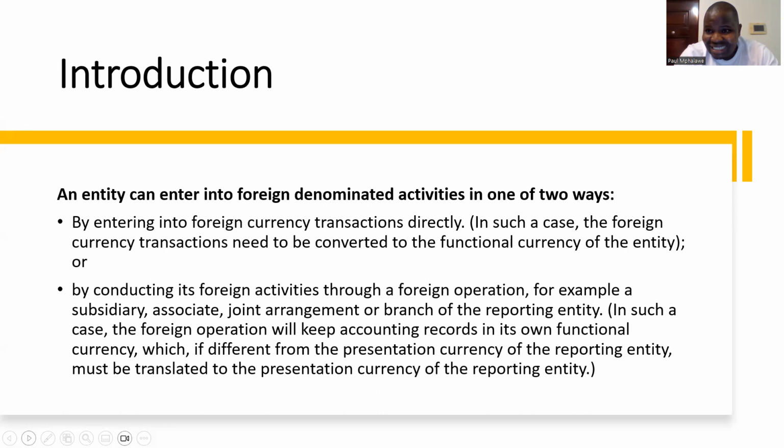So your transactions that are in meticals should be translated into Malawi kwacha. Thereby, you will use an exchange rate between these two currencies. So there's a point to note: the presentation currency and the functional currency might be different.